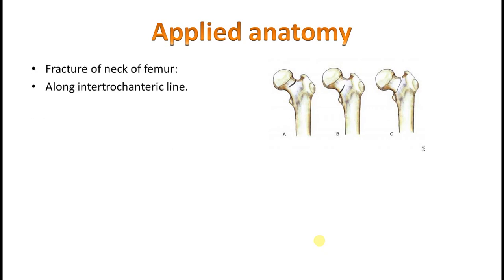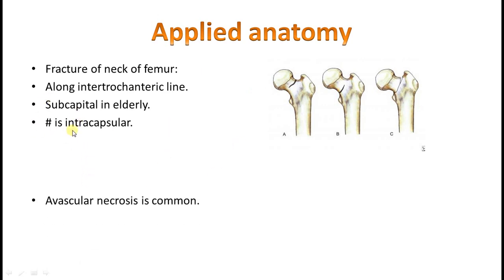Then fractures of the neck of the femur mainly take place along the intertrochanteric line. It might be due to stress fracture or impacted fracture. In the elderly, mostly subcapital, due to osteoporosis, and because of that fracture of the neck takes place.